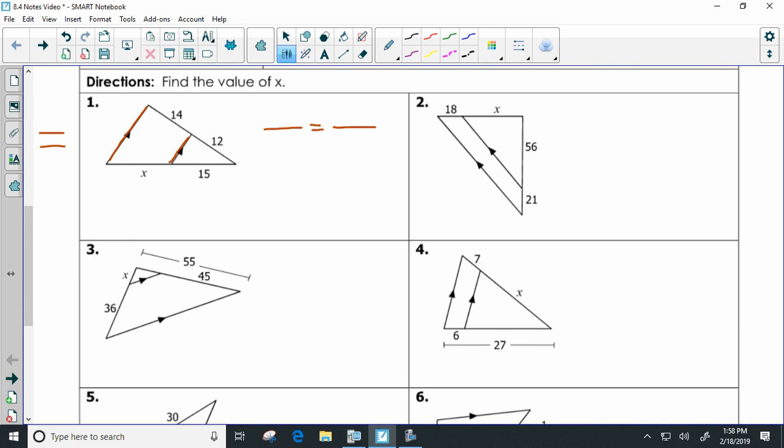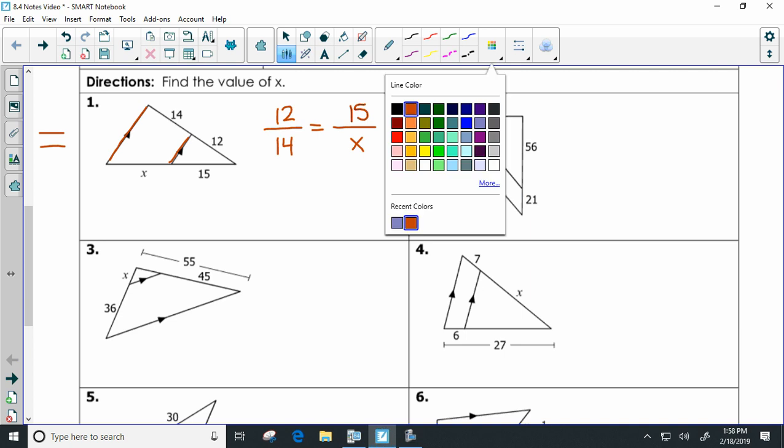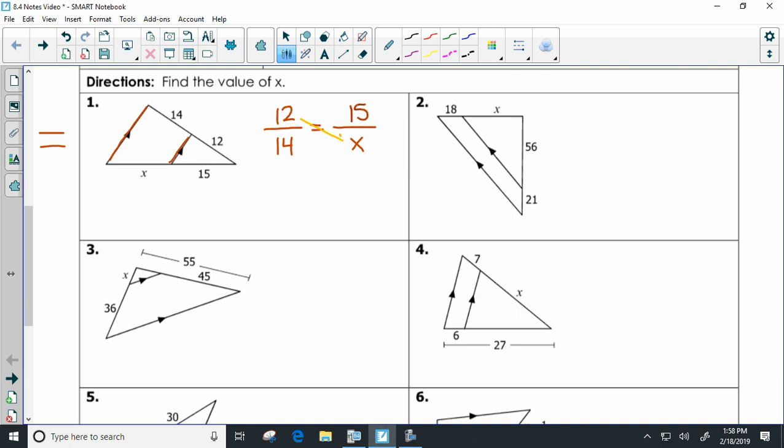You'll realize that the top of the left side is 12, and the bottom of the left side is 14. The top of the right side is 15, and the bottom of the right side is x. The problem asks us to find x. This means I'm going to cross multiply. I take the top and multiply it with the bottom, then the bottom and multiply it with the top.